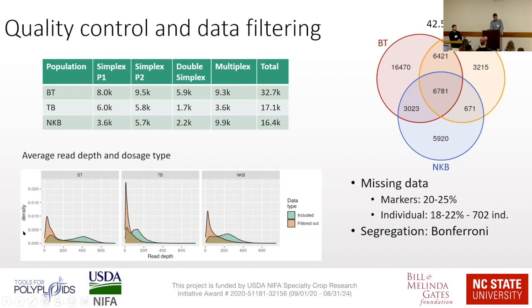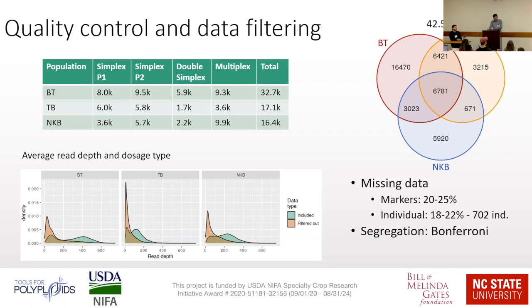On the y-axis, we have the density. The blue were the included ones, so we included the markers in the blue graphic, and we filtered out markers in the red graphic. The most interesting thing here is that the markers we excluded were the ones with less reads, with less depth.